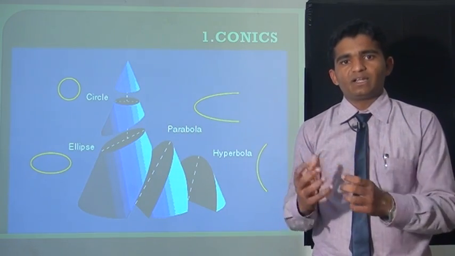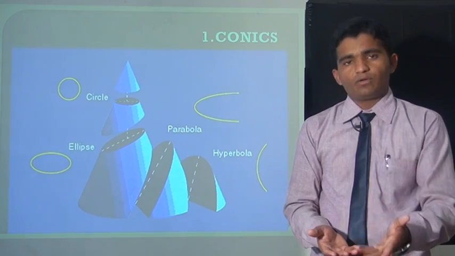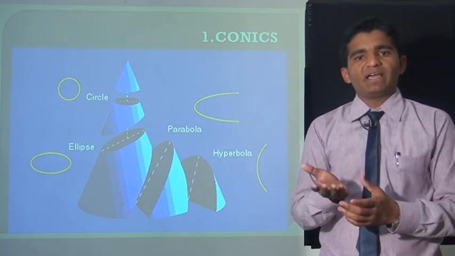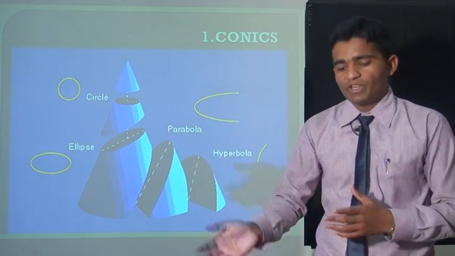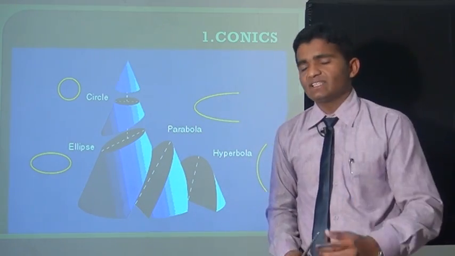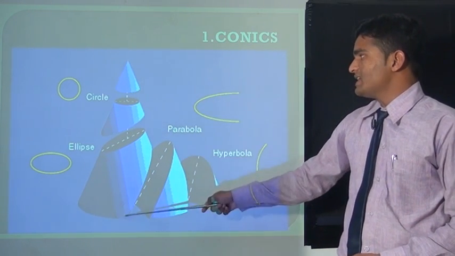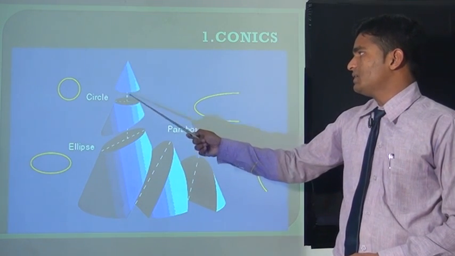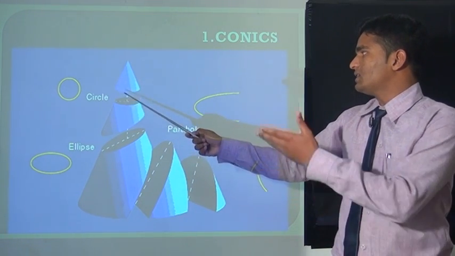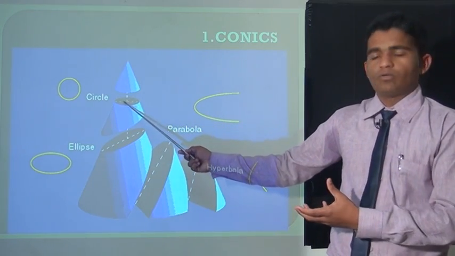So consider we have one cone, and this cone is cut by the cutting plane placed at different orientations. Suppose for getting the circle, we put the cutting plane parallel to the base and perpendicular to the axis. By putting that cutting plane, we will get the circle on the surface of the cone.